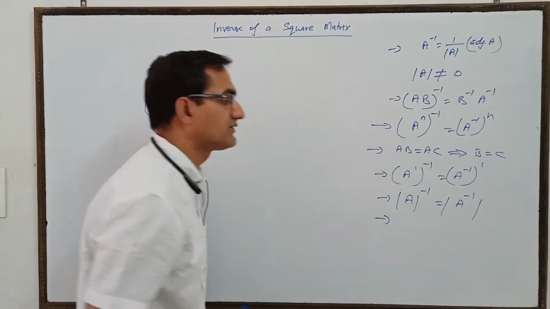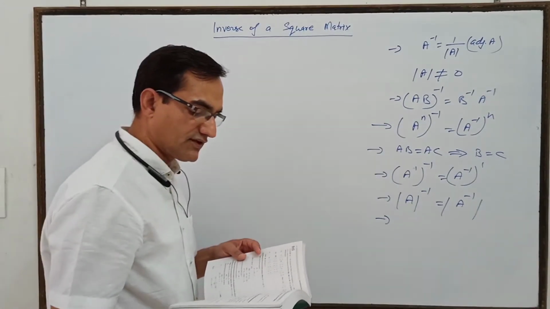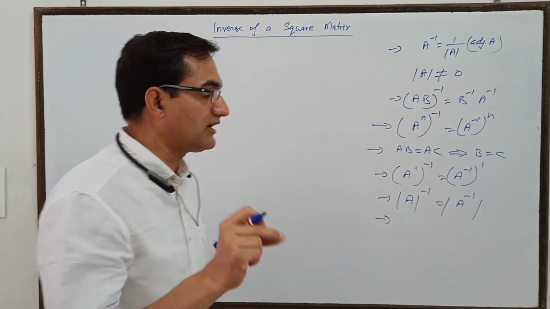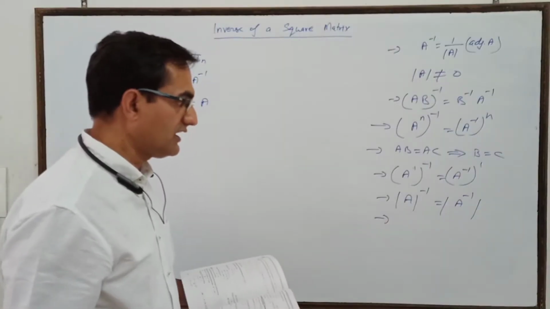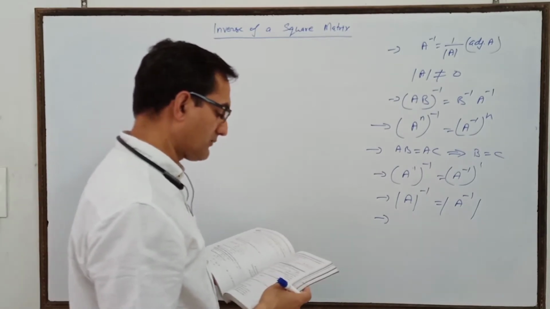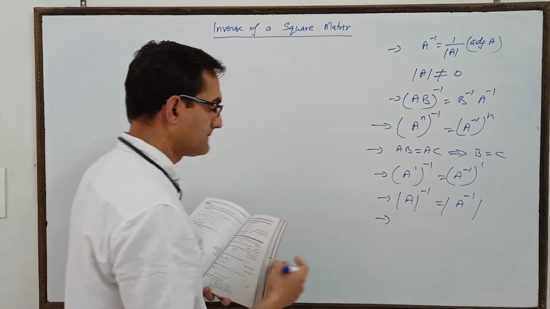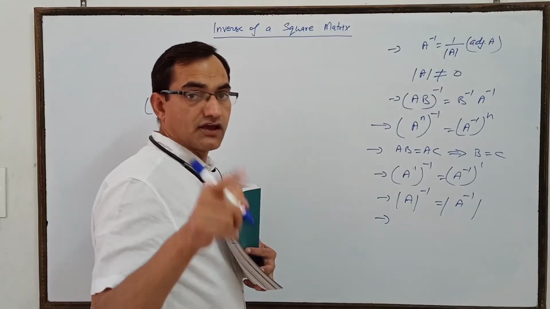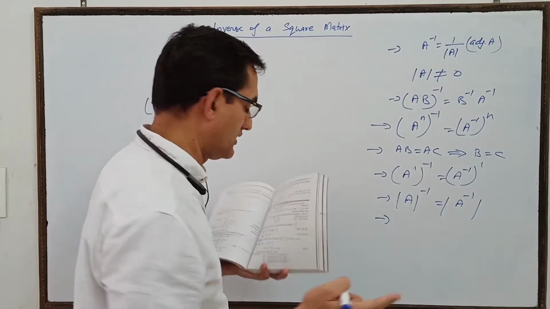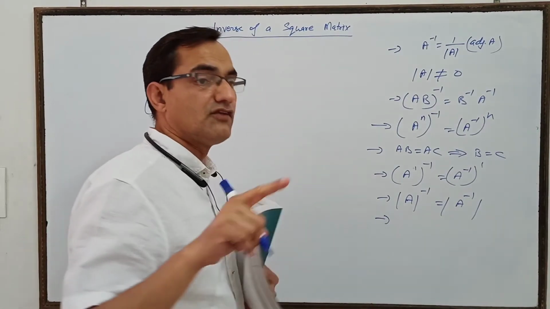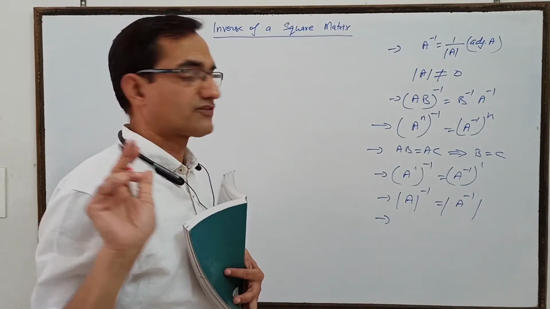And the next is, if A is an invertible symmetric matrix, in that case its inverse will also be symmetric.